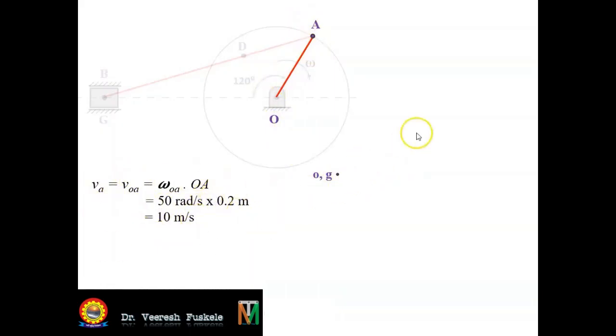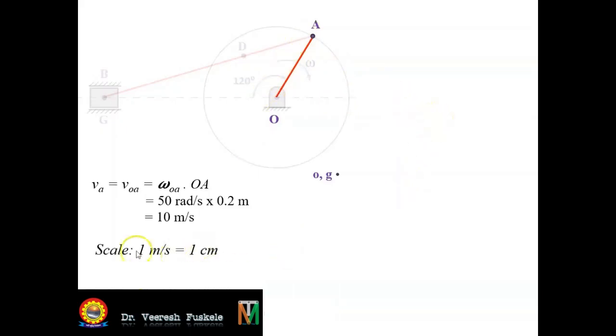So this velocity, as we know, is perpendicular to the link OA. So we have to draw the velocity vector of the link OA that should be perpendicular to the link OA. So for this, we take up a set square, 90-degree set square, and we place one of the sides on the link OA.